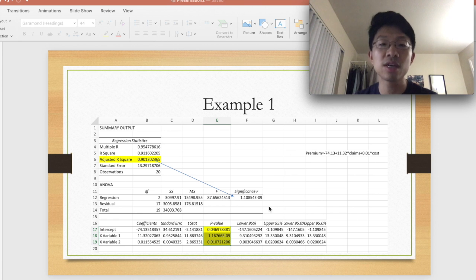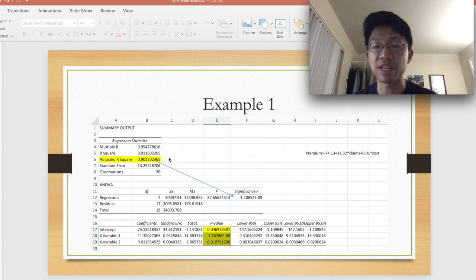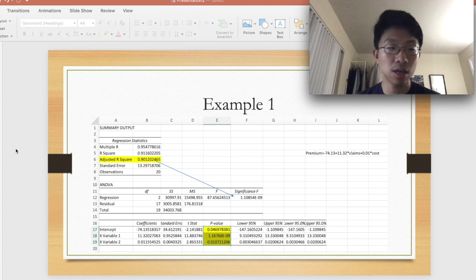It's a very good fit. From the adjusted R-square, you can find that it's 0.901, which means the model explained 90.1% of the data set, which is a good number, and it's a good model.